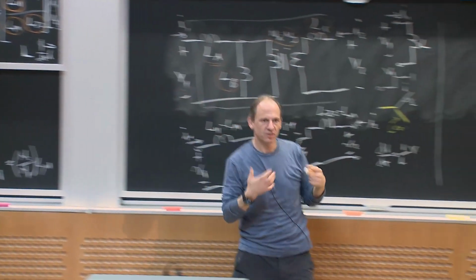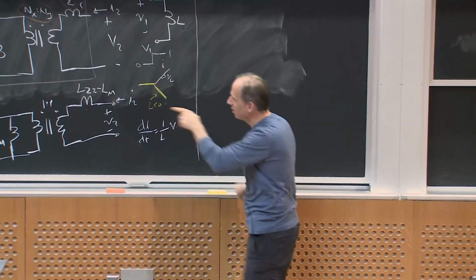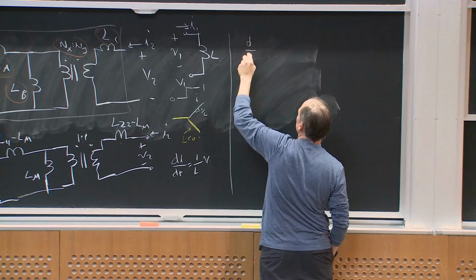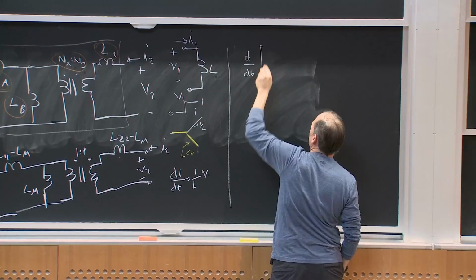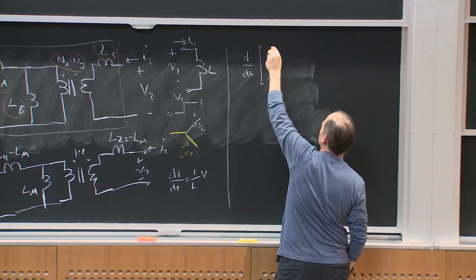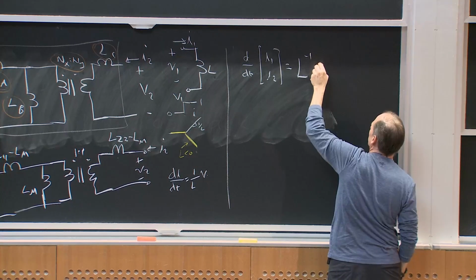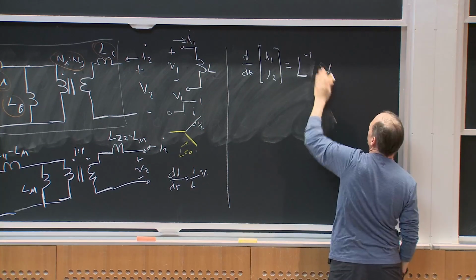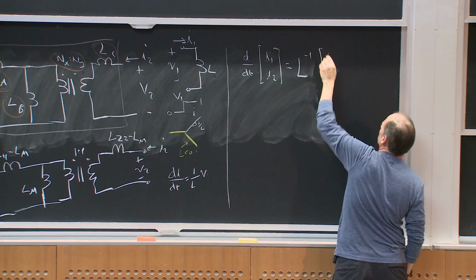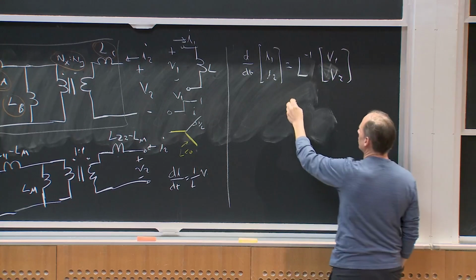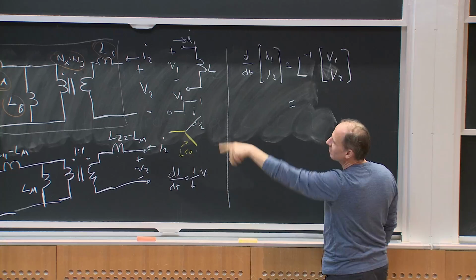I can do the same thing, and I could write that d/dt of I1 and I2 is equal to L inverse times the vector of voltages V1 and V2, right? And what does that look like? This is going to look like the inverse of that matrix.